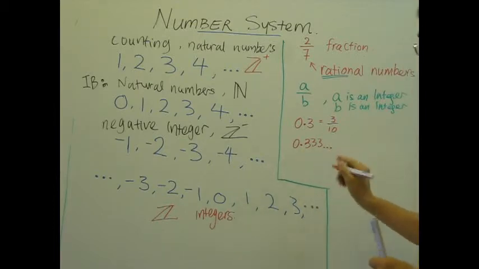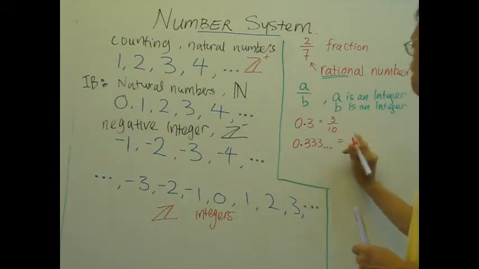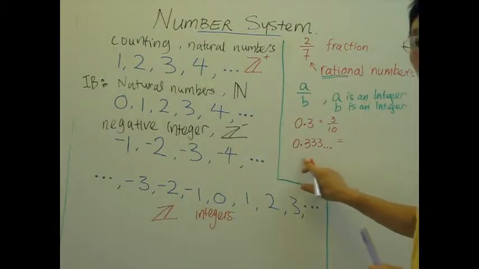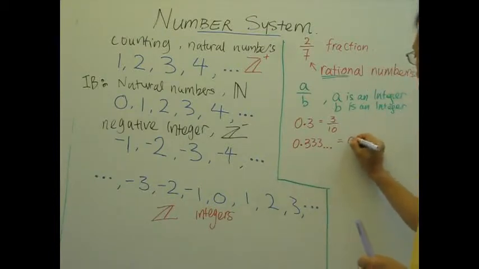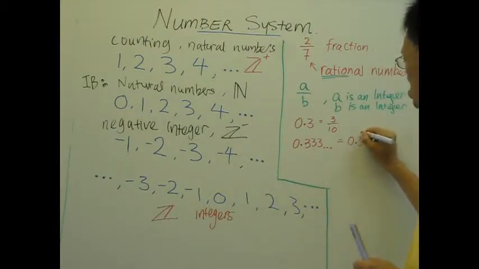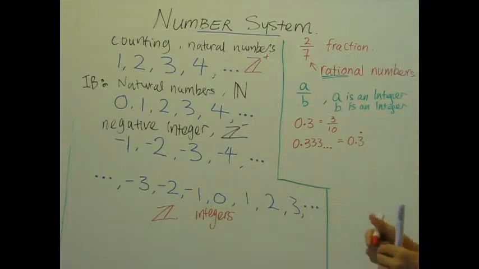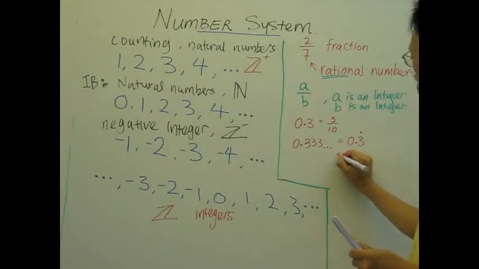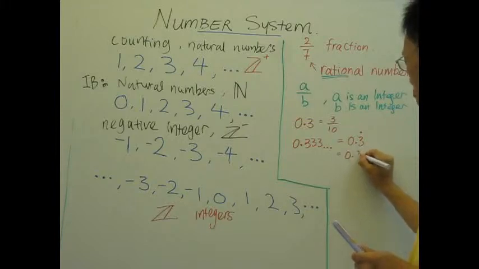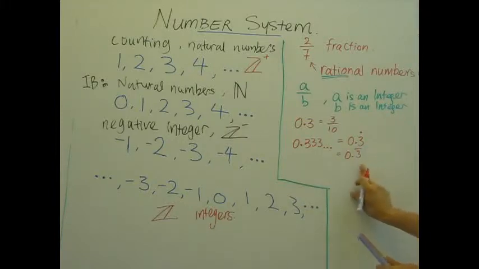Well, this number, when it's repeating, the repeated decimal here can be written as 0.3 with a dot on top. That's the way the Japanese like to write it. Or 0.3 with a bar on top. I prefer the bar.